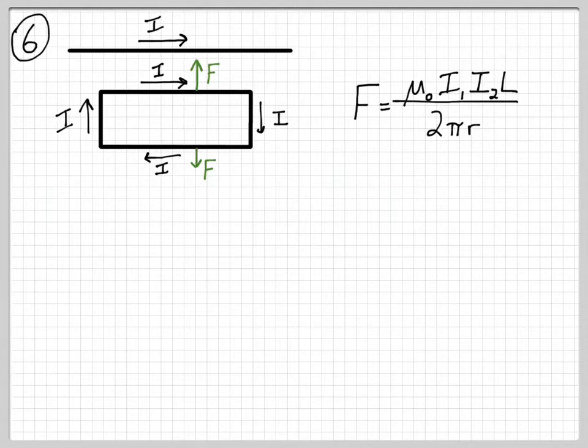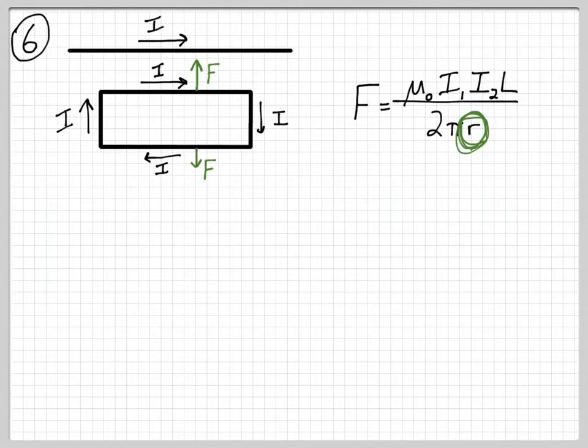Now, I've drawn the repelling force as being smaller, and the reason I've done that is because in our formula over on the right about the force between current carrying wires, there's an R there in the denominator. So the further apart the wires are, the larger R gets, the smaller the force is going to be.